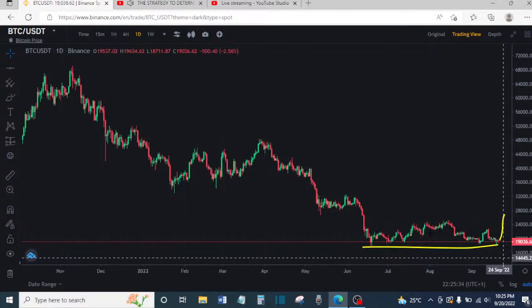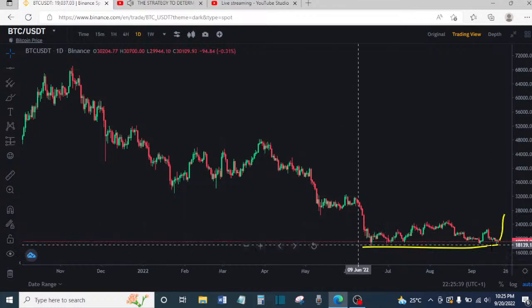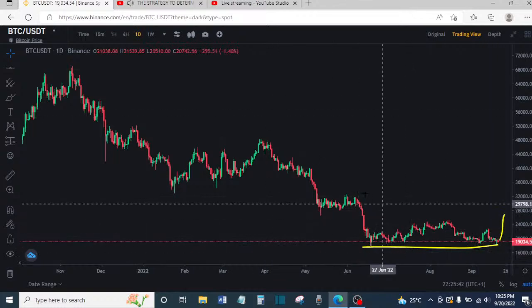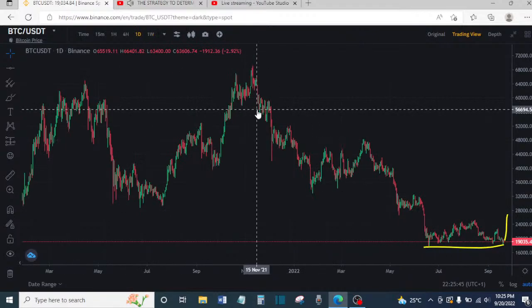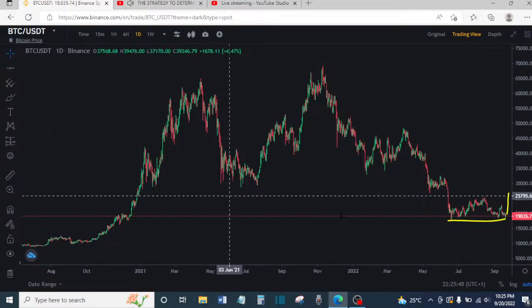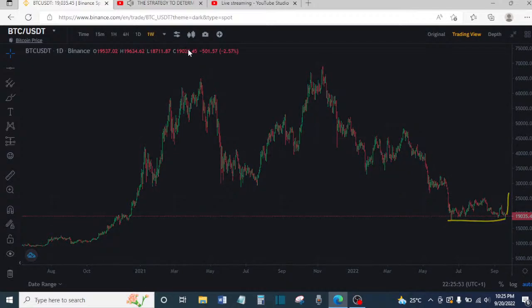But if price does not take out this area now, because this area is important, let me show it to you. I don't know if this can be clear enough. If not, maybe I should use the 1 week chart to show you how the place looks.